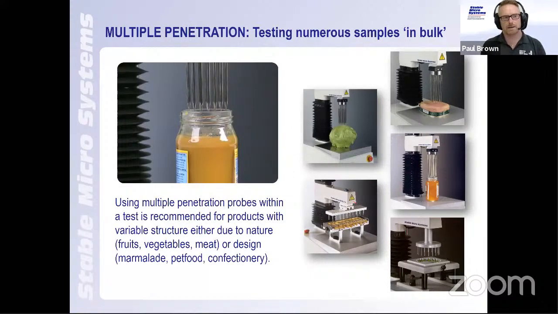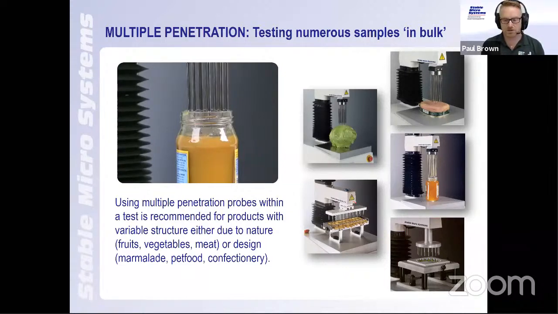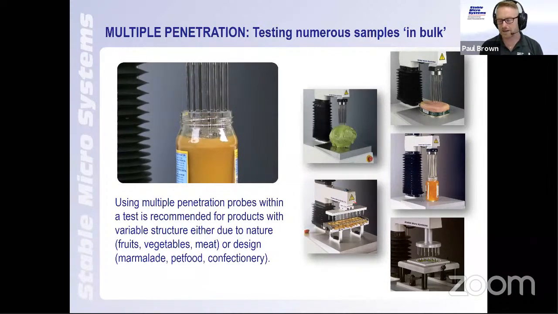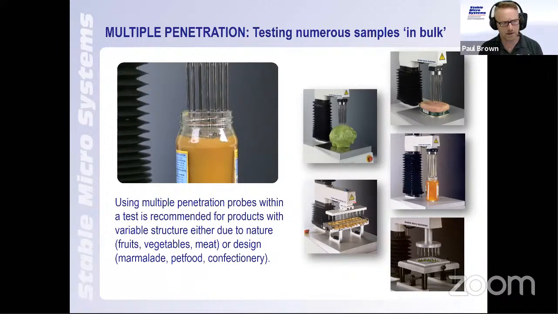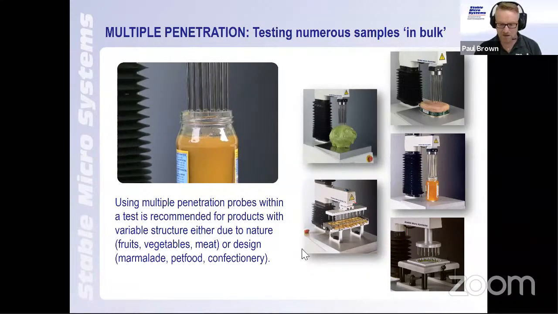Like in the compression where we did bulk testing, we can do bulk testing similarly in penetration by using multiple penetration points, whether it be multiple peas or lettuces, or something that's very famous and used quite widely, the multiple chip rig. This rig here is looking at multiple French fries.